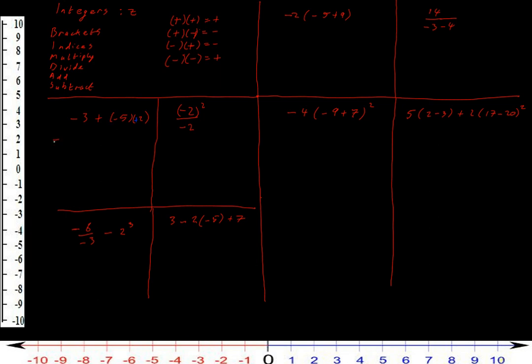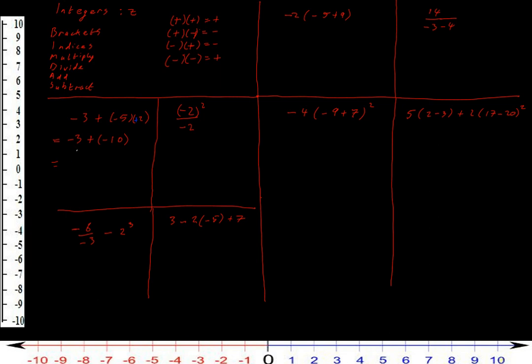So I write equals, and I have -3, haven't done anything with it yet, and I have my -5 multiplied by +2. Minus by plus is going to give me minus, and 5 by 2 is going to give me 10.